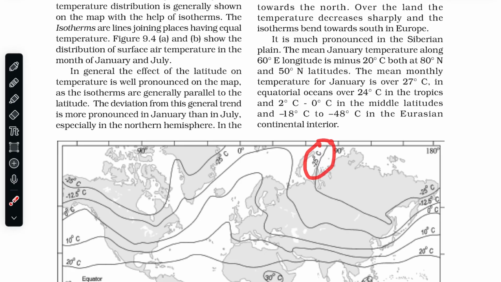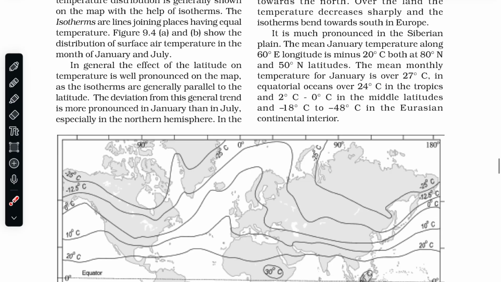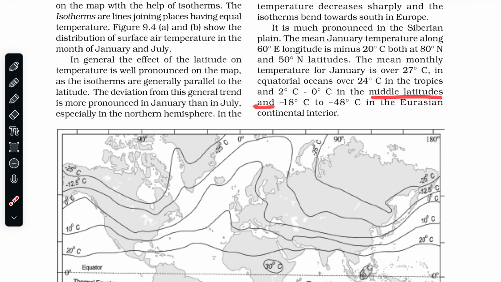The mean monthly temperature for January is over 27 degrees Celsius in equatorial oceans, over 24 degrees Celsius in the tropics, 2 degrees Celsius to 0 degrees Celsius in the middle latitudes, and minus 18 degrees Celsius to minus 48 degrees Celsius in the Eurasian continental interior.